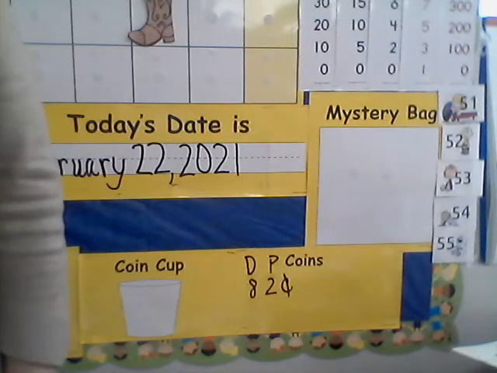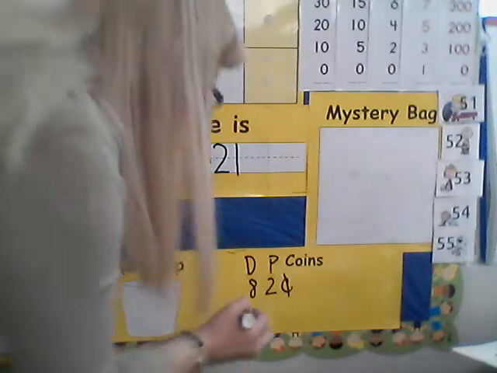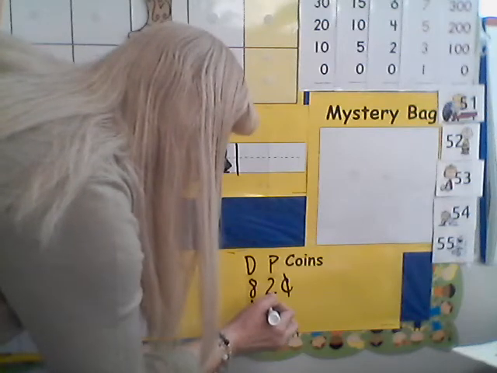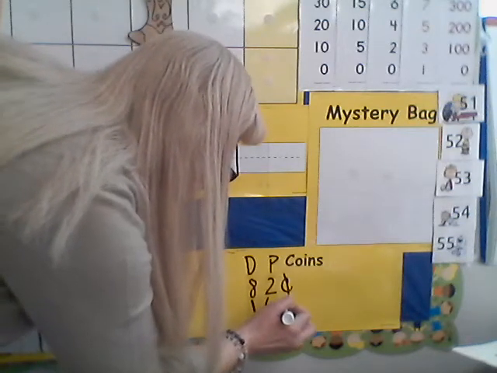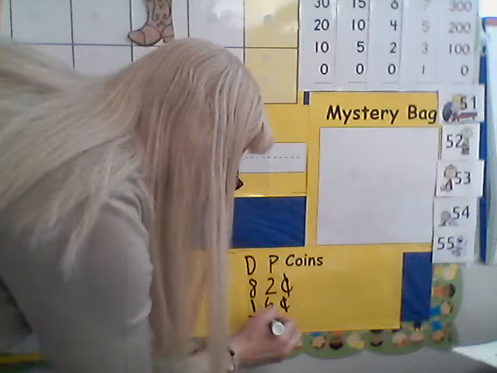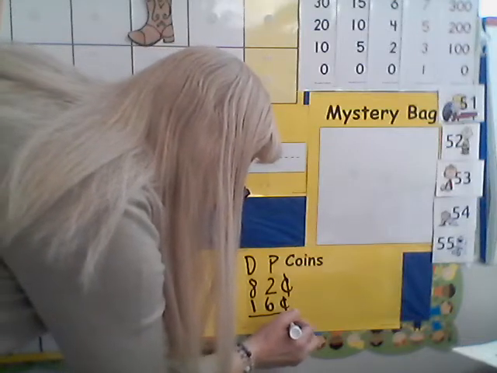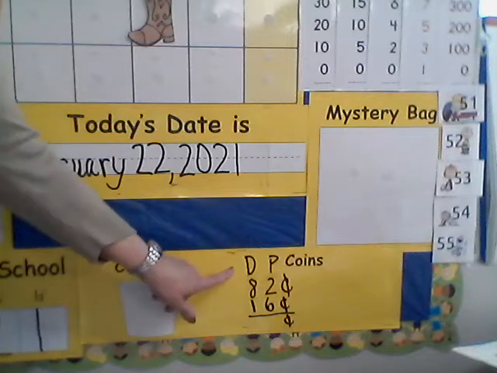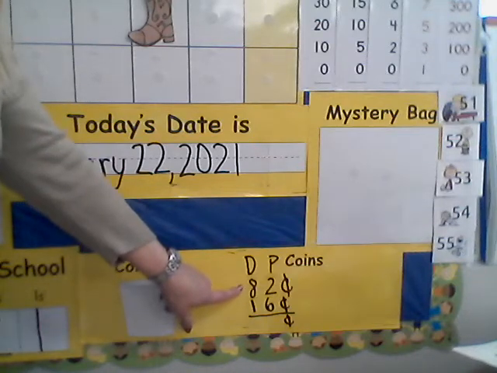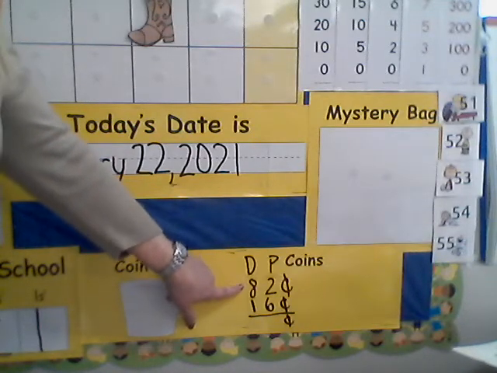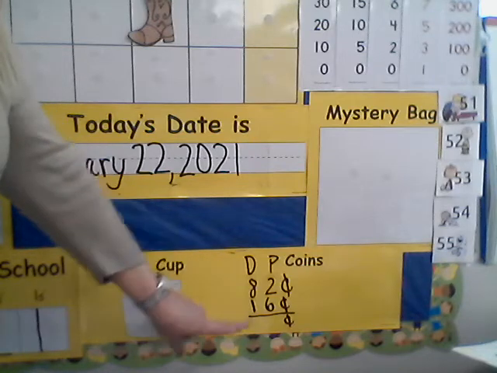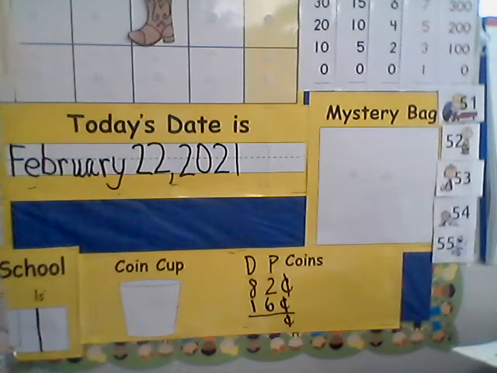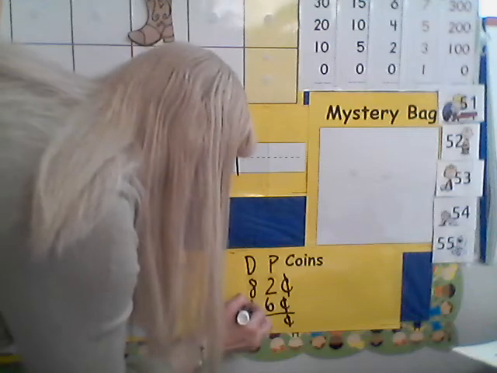Okay? And then I placed 1 dime and 6 pennies. Okay? I know I'm going to do a cent sign there. Now we know that if I place 8 dimes and 2 pennies, then I place 1 dime and 6 pennies, I definitely know that that is a some more.